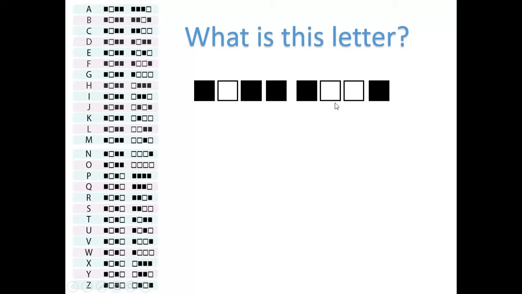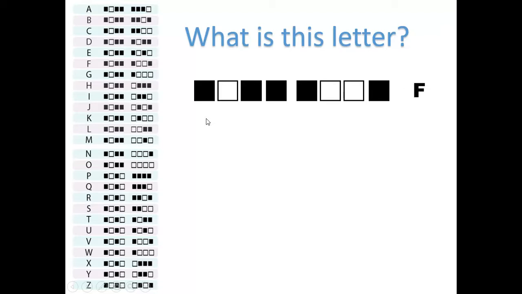So now I need to look at the second half. Off, on, off. I'm going to look through. There it is. Off, on, off. So this byte that I put up matches the same one in my code here for the letter F. So this first one is an F.